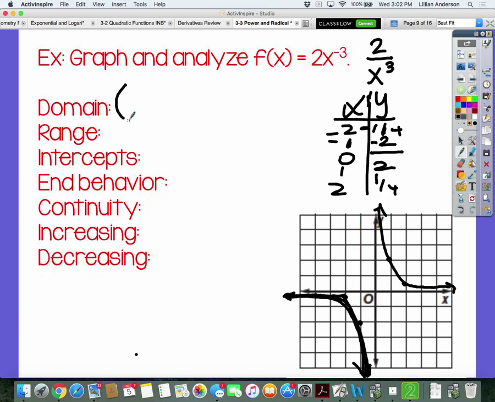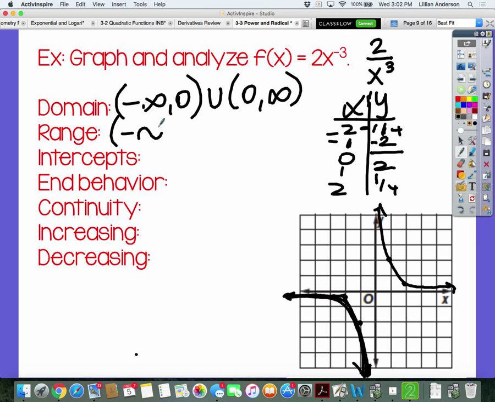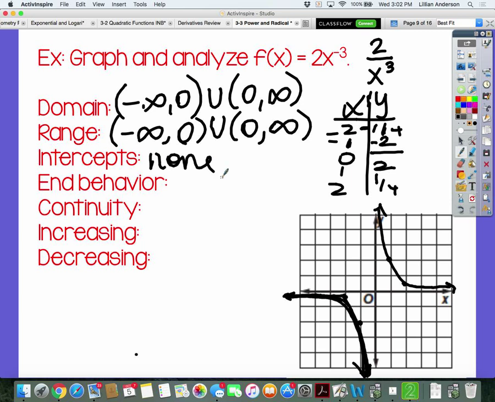Domain. Savannah, what you got? What's the range? Not quite. It's everything except 0, because it's not going to cross over that. And then intercepts, there is none, because you do have a vertical asymptote.